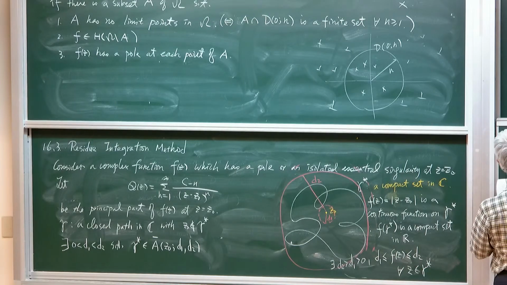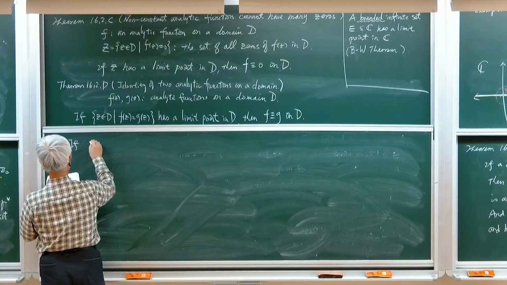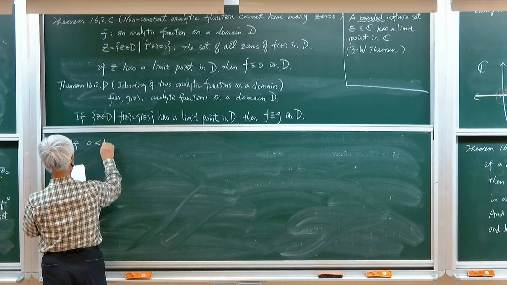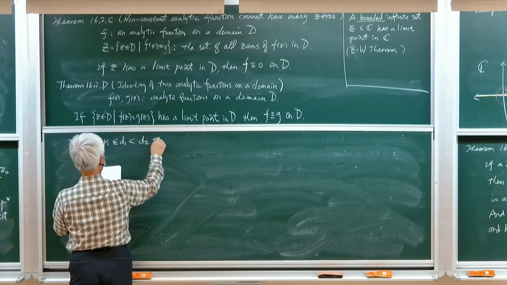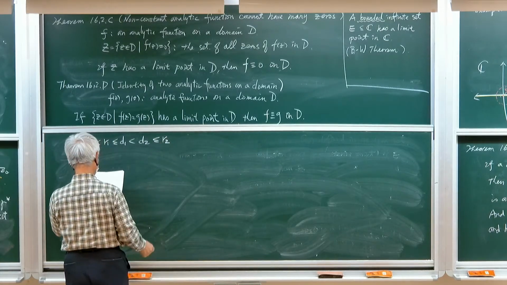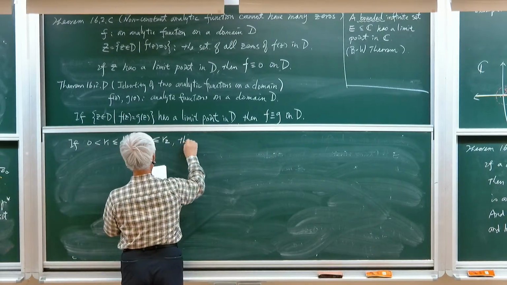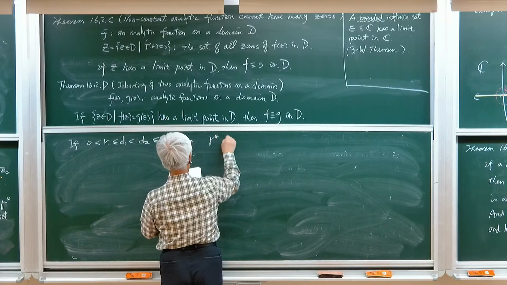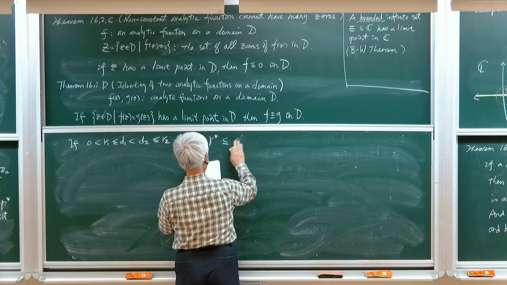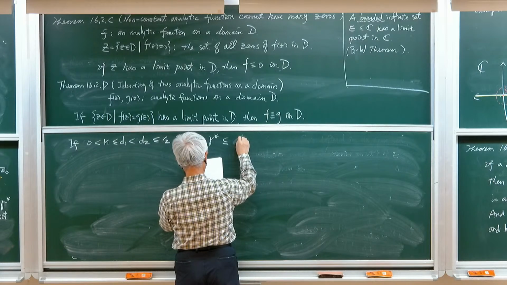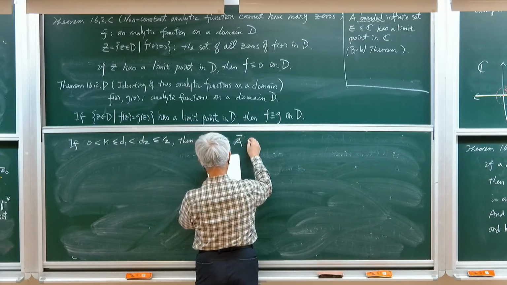So if we have that, then gamma is contained in the annulus.